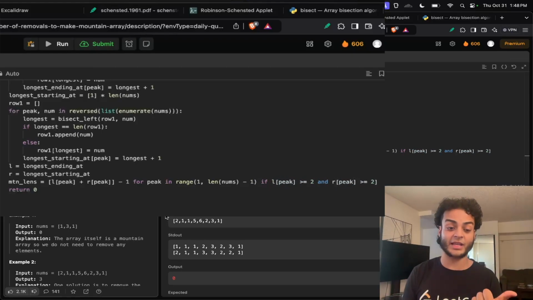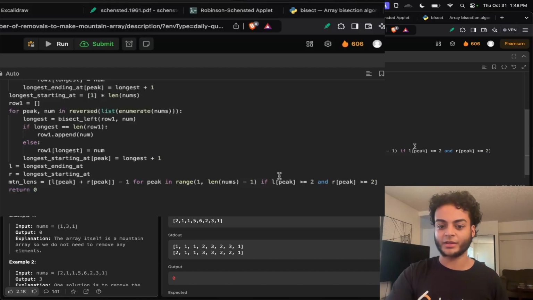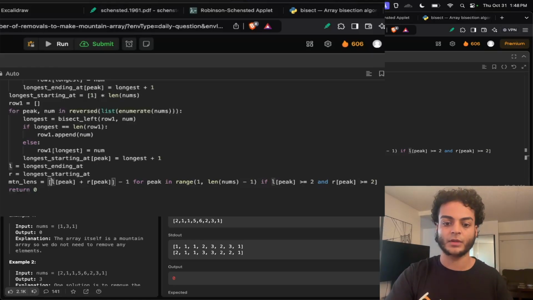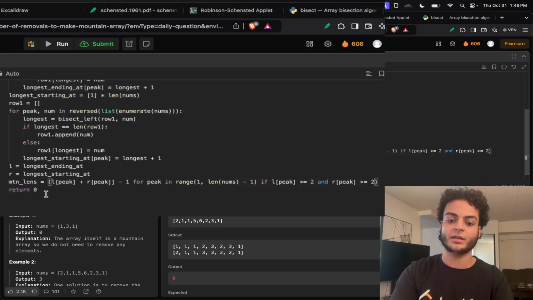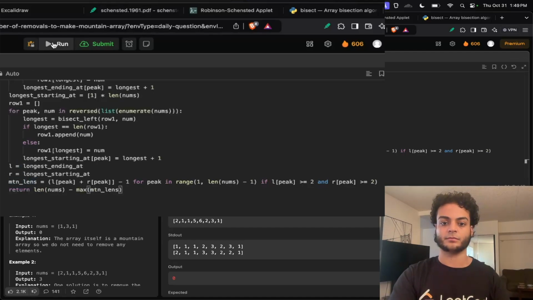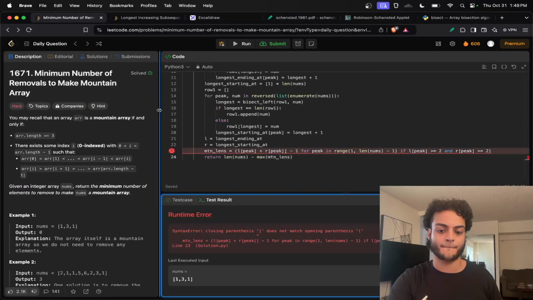If the left has to be at least 2, the right has to be at least 2, then together they're at least 4, which is greater than 3. One last thing, I'm going to make this a generator so that I'm not wasting space. And then we'll take the length of our nums and subtract the max mountain length. And see how this goes.